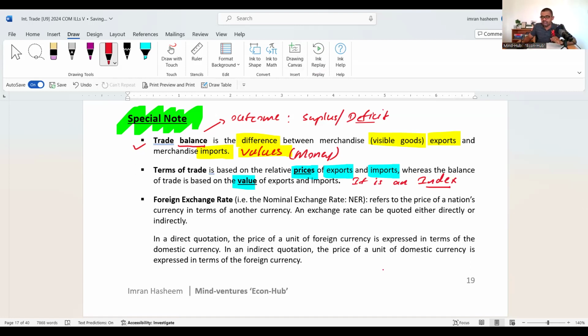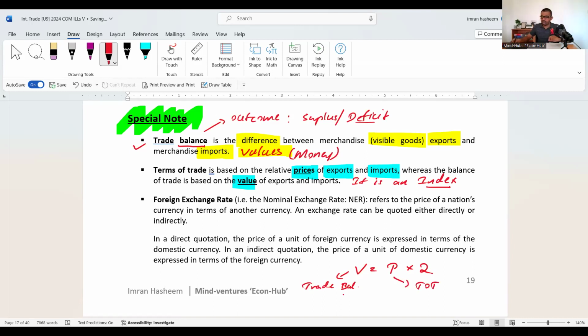Price and value difference. Because value, I'll write it here, value is basically price into quantity. Trade balance takes value. TOT only takes price.